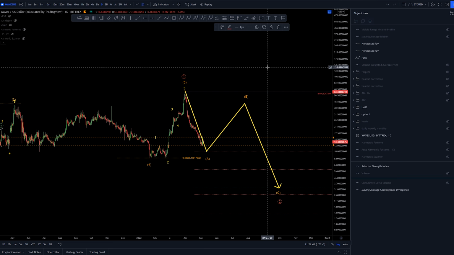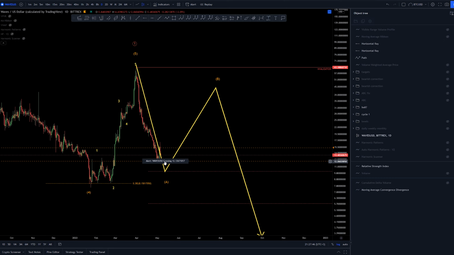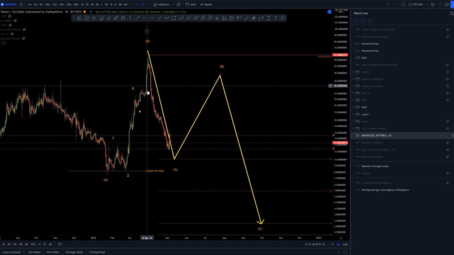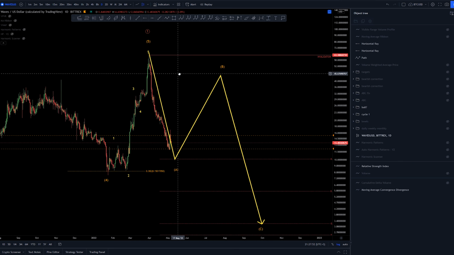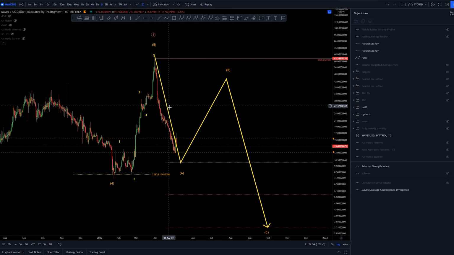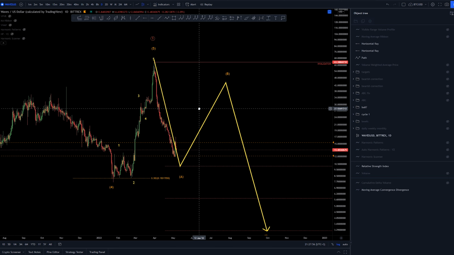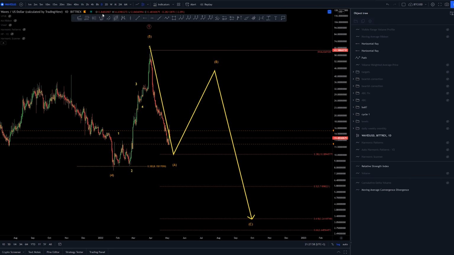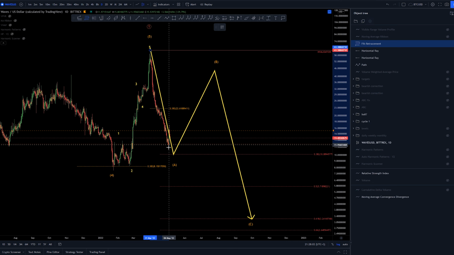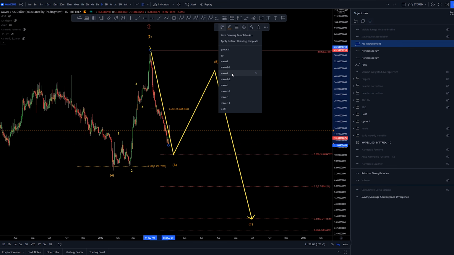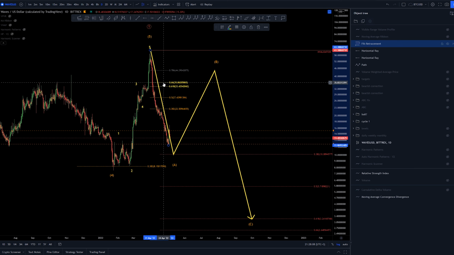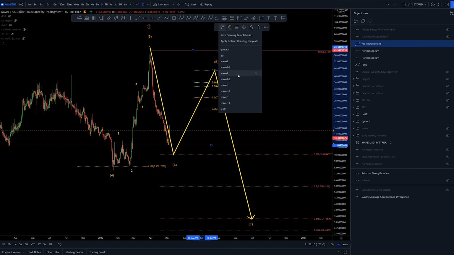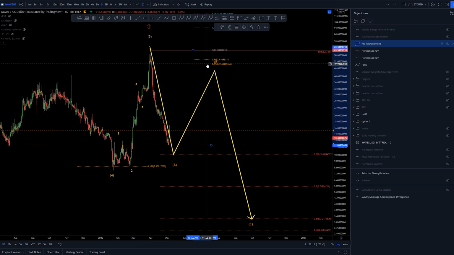Just because this is looking like a 5-wave structure, it could, I guess, be some kind of zigzag that we just can't see the substructures or the subwaves of at the moment. For the B wave, if we would be expecting this to go up now, which I'm still a bit doubtful about, we would be expecting these targets.